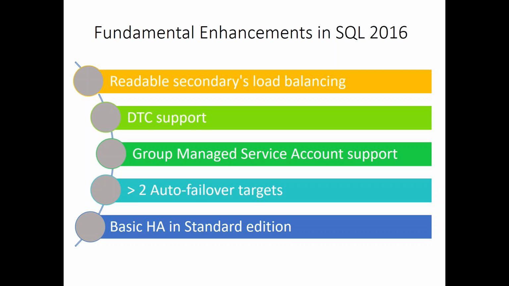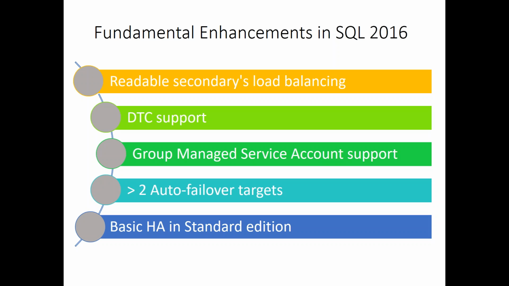Now, how does that work behind the scenes when an actual failover needs to happen? And which failover partner or which failover target will SQL Server choose to bring the availability group online on? That is controlled by the cluster preferred owners setting. If you go to your clusters and go to your SQL Server availability group resources, the resource would have a preferred owners list. So this failover routing happens as per the preferred owners list.